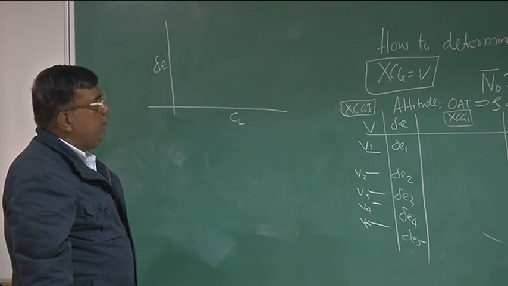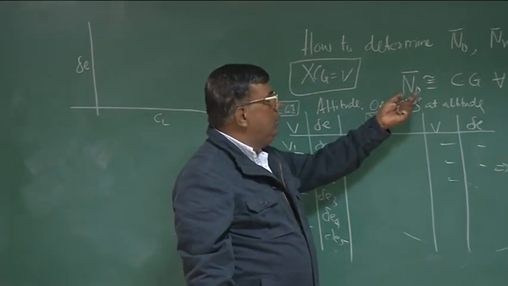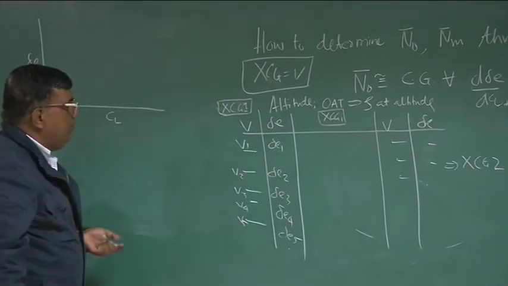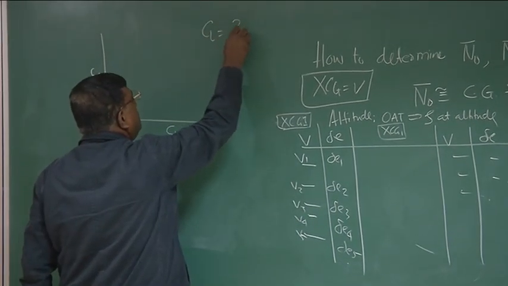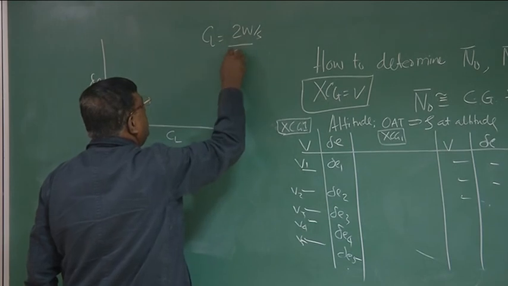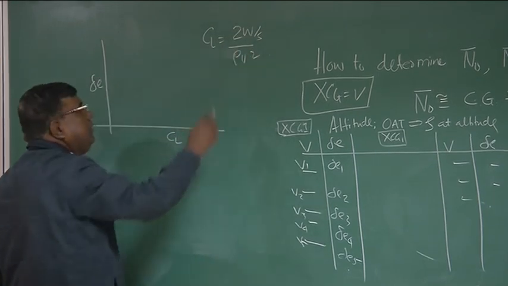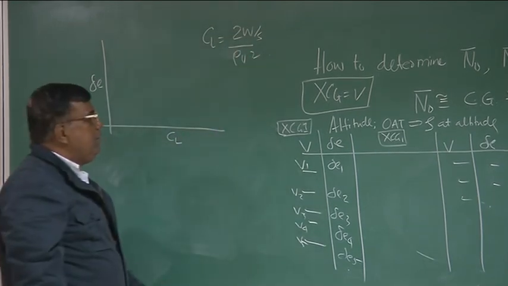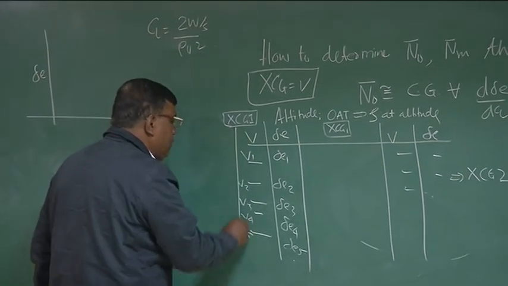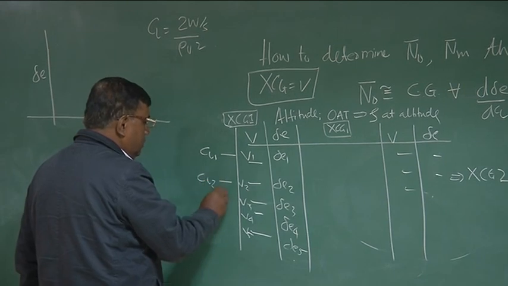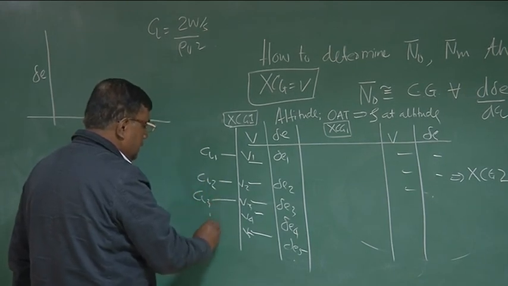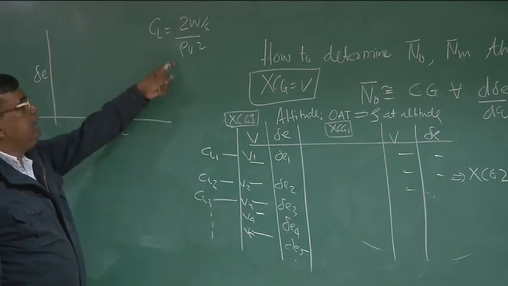We are trying to find out N naught. When I cruise, that means CL equals 2 W by S by rho V square. Since you are taking all this measurement, you know the value of CL for a corresponding V. So this is CL1, this is CL2, this is CL3, like this, using this relationship.